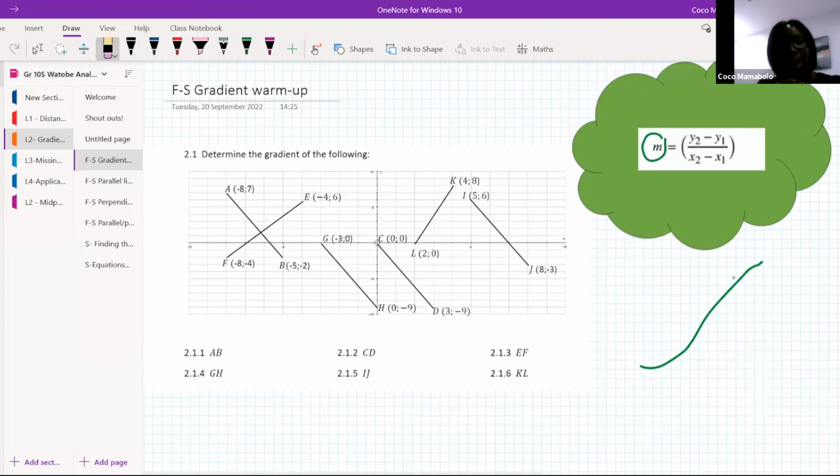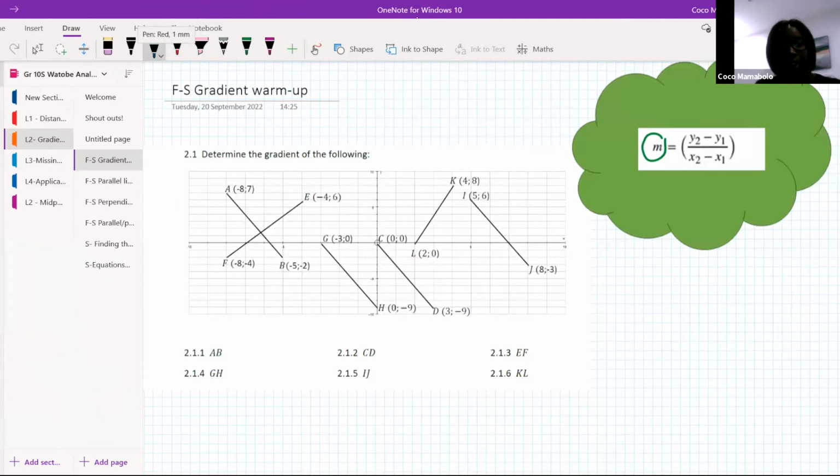And if I'm going down the hill, depending on how steep my hill is, it'll be a big negative gradient or a small negative gradient. Okay. Thumbs up, thumbs down. Do you guys get what I'm saying? Thank you, Simpiwe. Awesome.